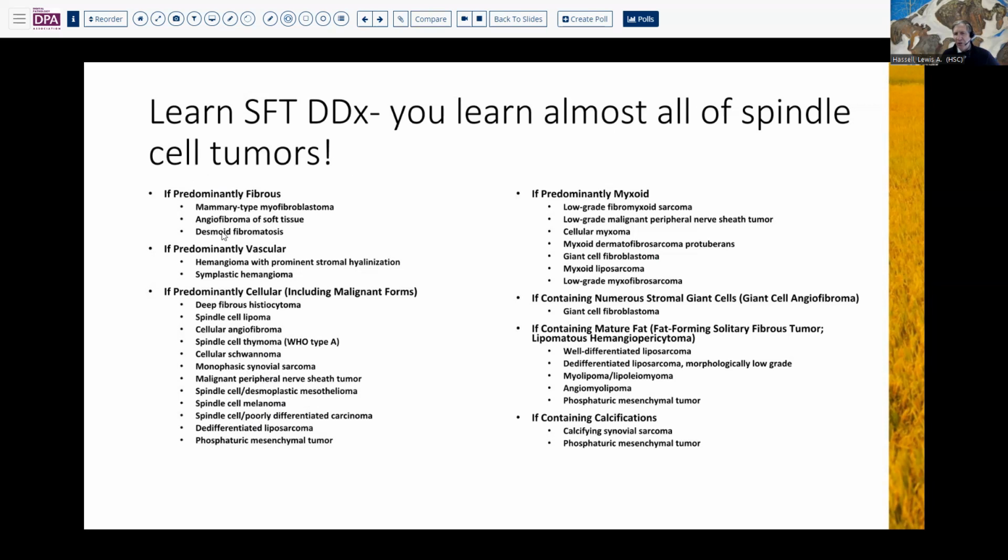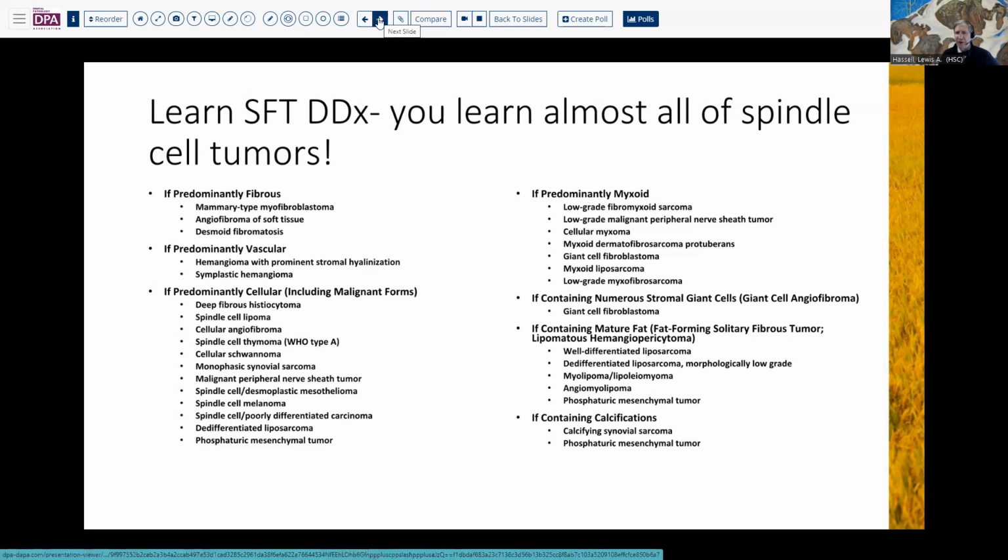So look through these and consider how you would distinguish these different tumors. Of course, none of these lesions that we list here will have STAT6 positivity. So there's a key differential right there. But there are other features, especially if you don't have access to STAT6, that can be useful in considering that differential.